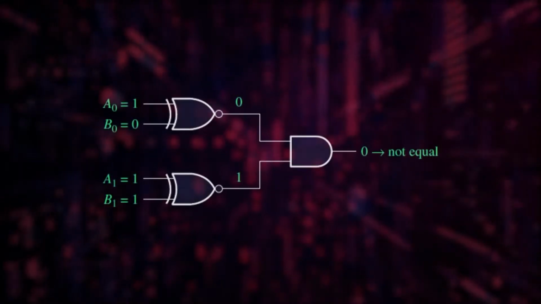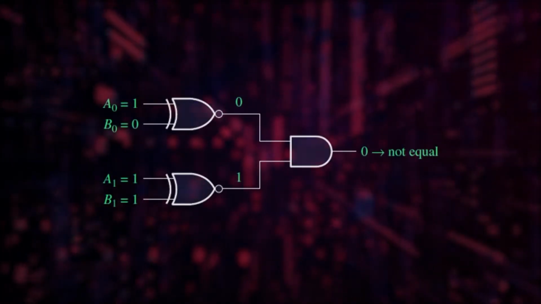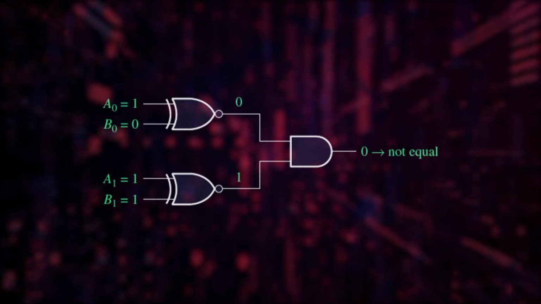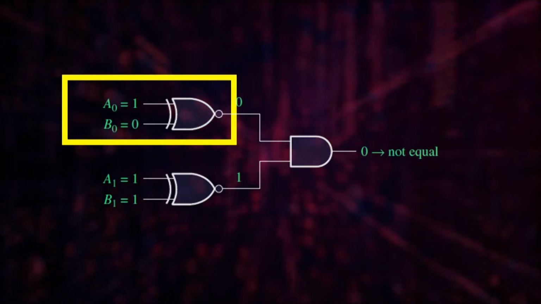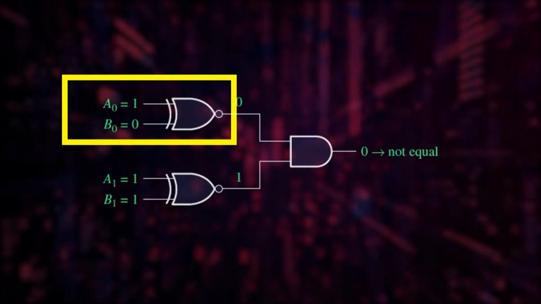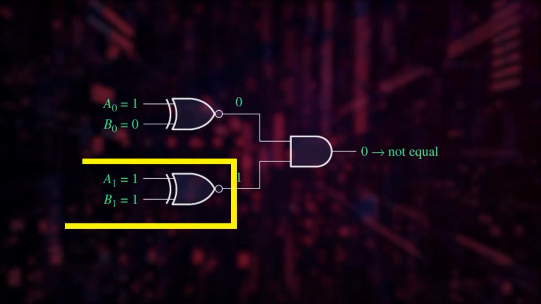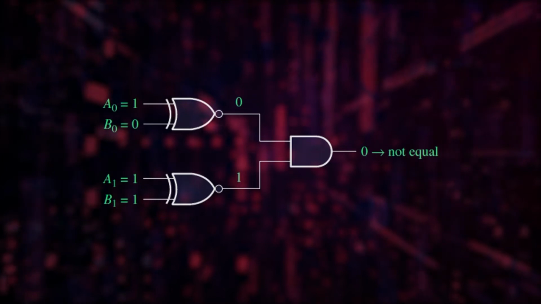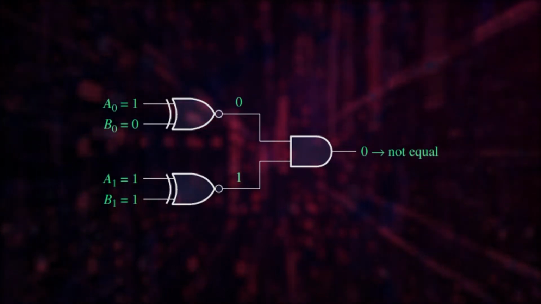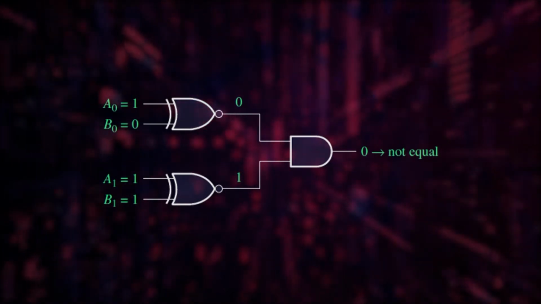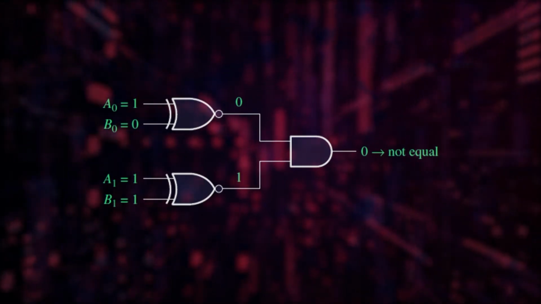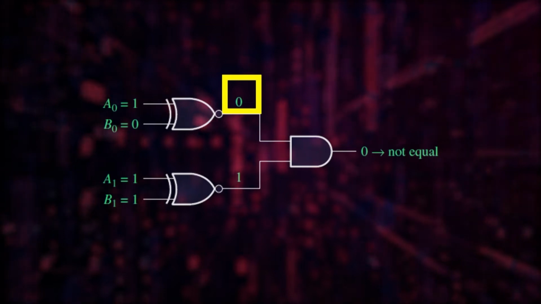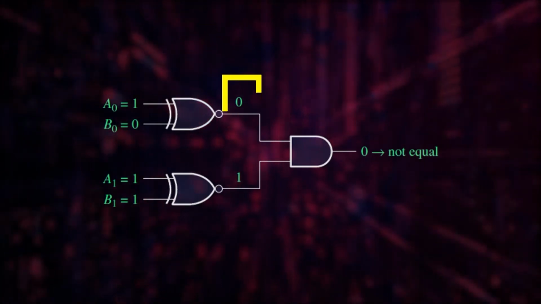One more example. Consider how comparison of two numbers 11 and 10 is performed using a magnitude comparator. In this problem, the least significant bits are 1 and 0 and the most significant bits are 1 and 1. To the first XNOR gate, the least significant bits 1 and 0 are fed, which produces the output 0 because those bits are unequal.